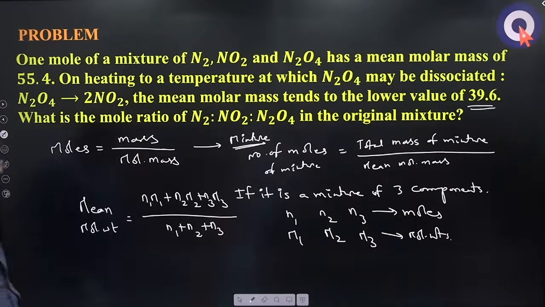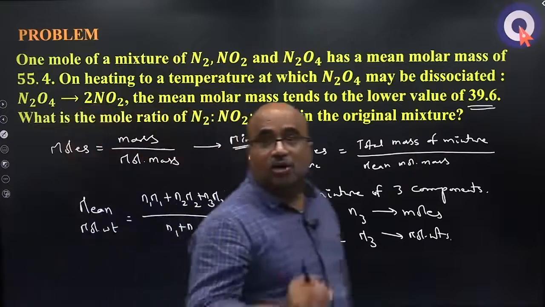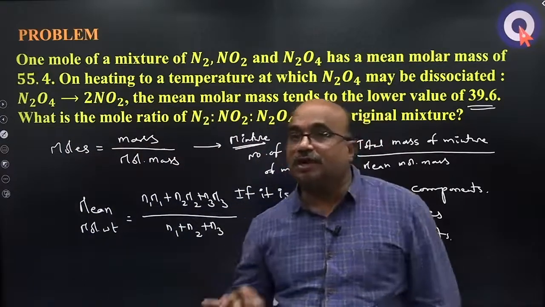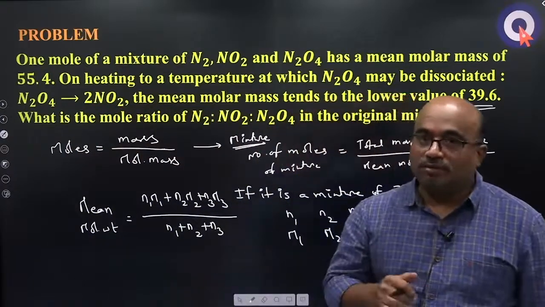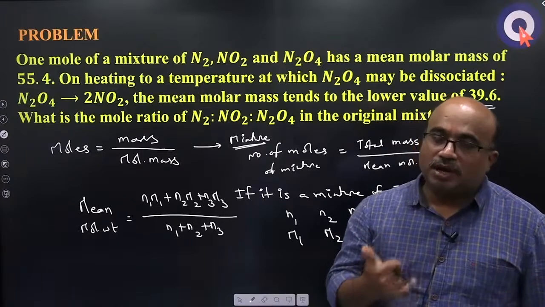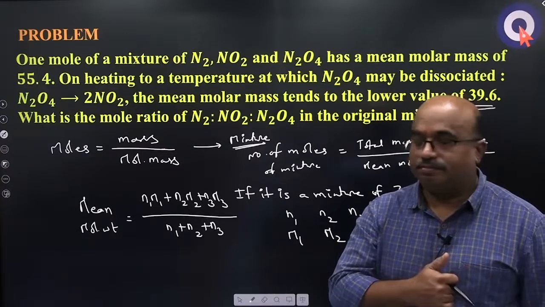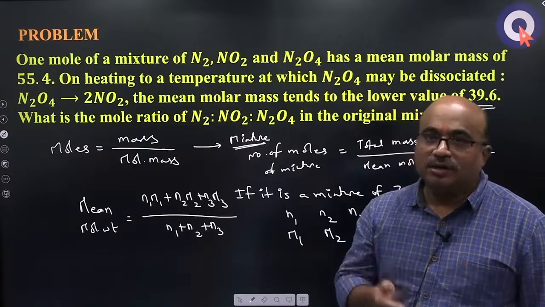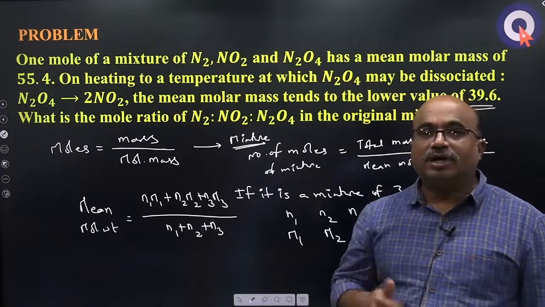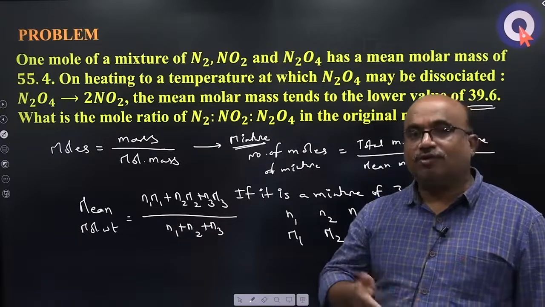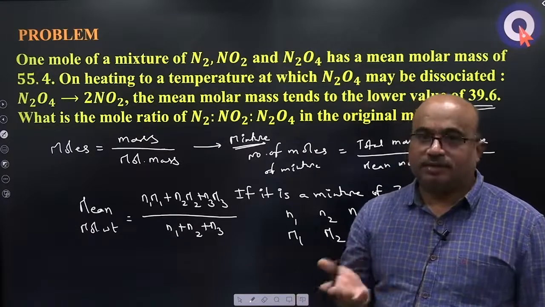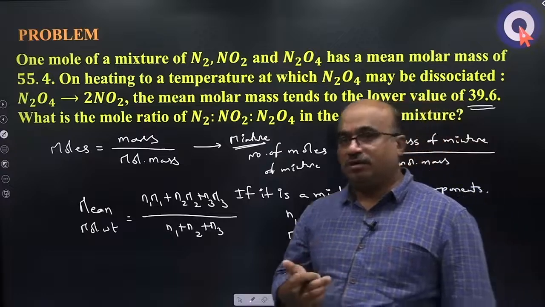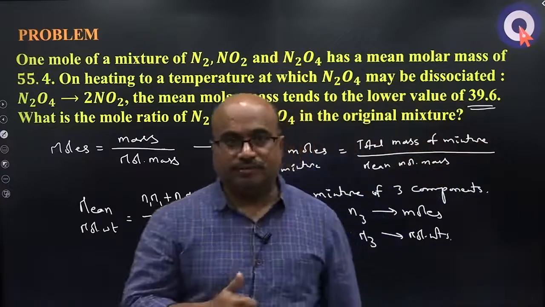So here the total moles of the mixture is given as 1, but we don't know the moles of N2, NO2 and N2O4. But if we assume one is a variable, the second is a variable, and the total is 1, then subtracting the sum of these two from 1 gives the moles of the other one.